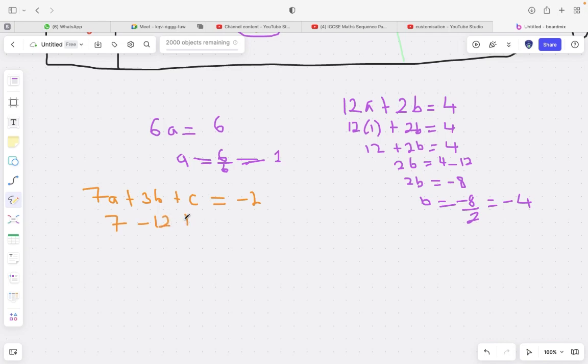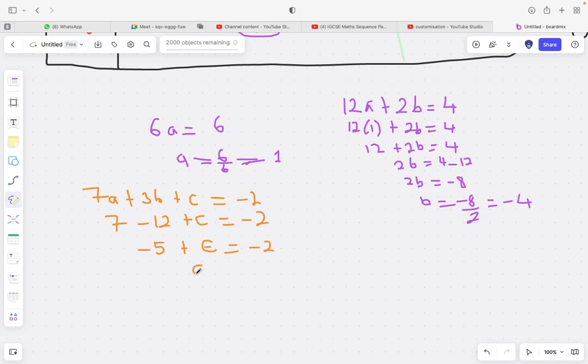Then plus C is equal to -2. Now we're going to find C. 7 minus 12 will be -5. So here we have -5 plus C is equal to -2.